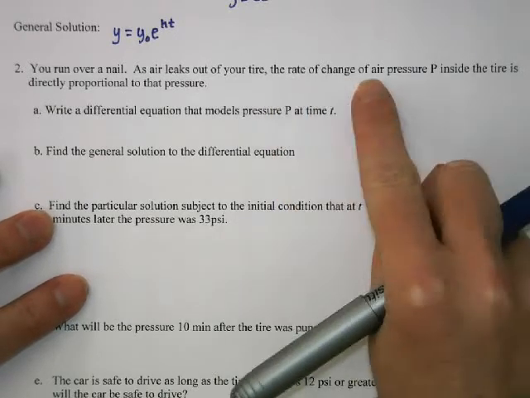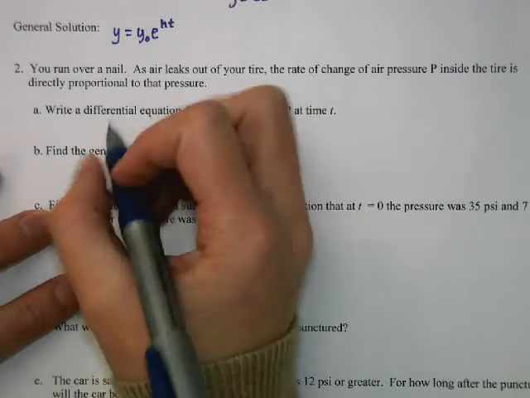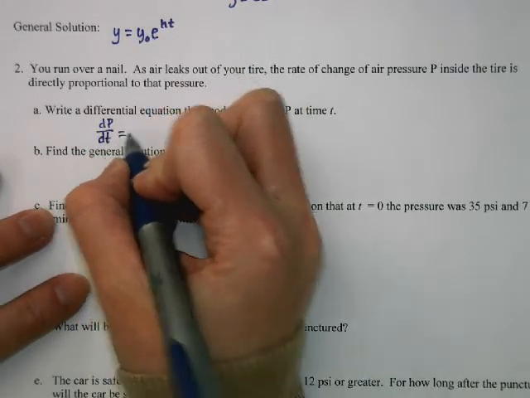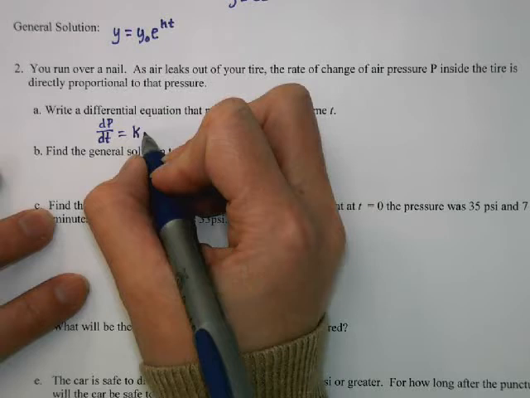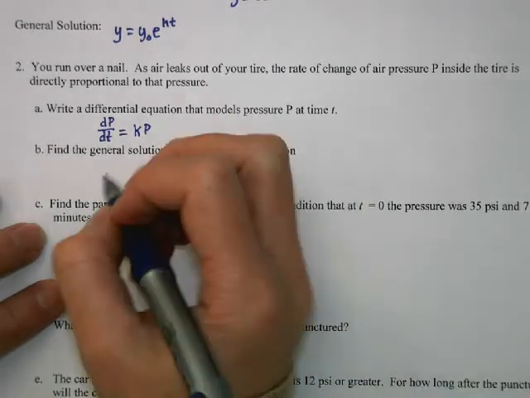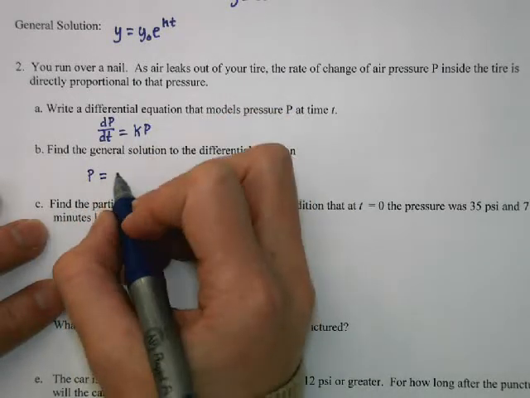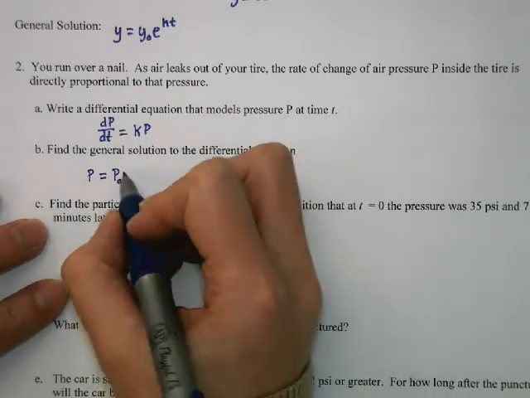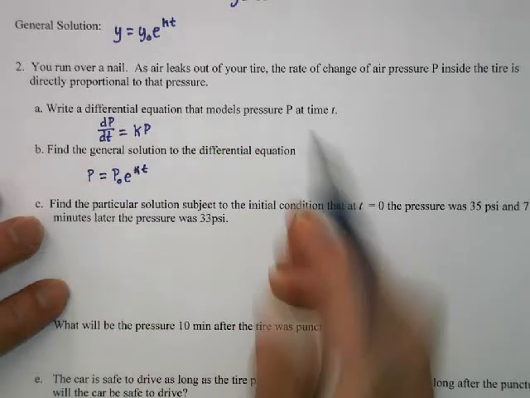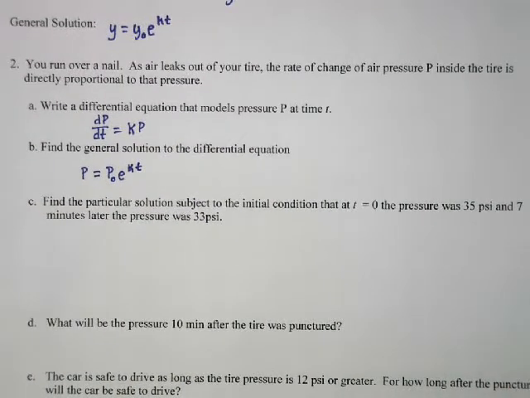They're going to say the rate of change is proportional to the quantity, which means that dP/dt is going to equal k times whatever the pressure is. The general case: P is going to equal the original amount, e to the kt.